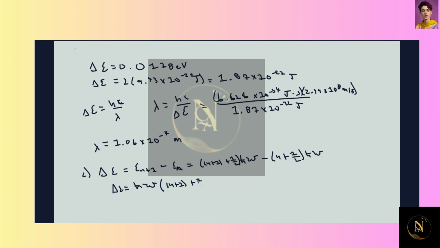These cancel, that just leaves behind a 1, which is just equal to h bar omega, which is equal to 2E0, which in this instance is 0.0118 electron volts, or 1.87 times 10 to the minus 21 joules. And that's the answer.